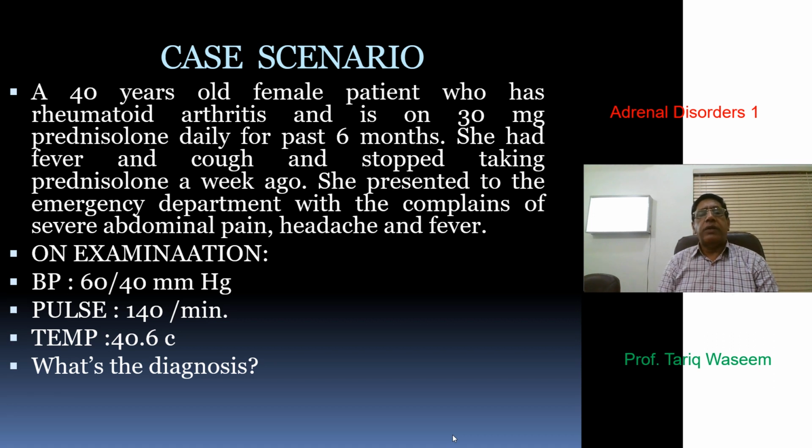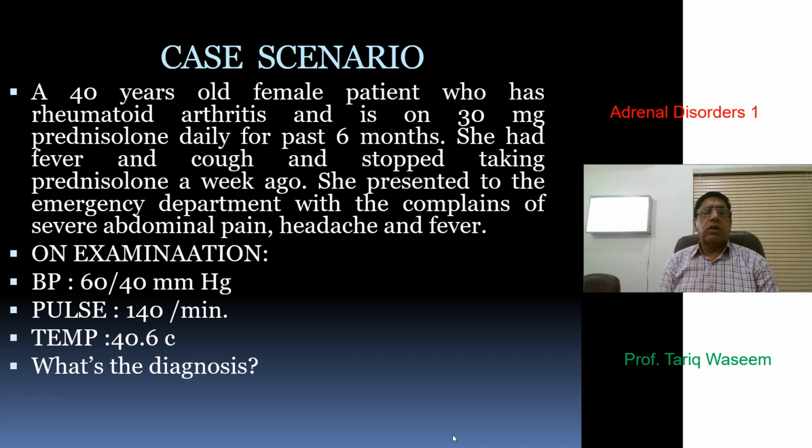We have a lady who has been on steroids for her rheumatoid arthritis for 6 months, and then she suddenly stopped it. Exogenous prednisolone has led to suppression of the pituitary's production of ACTH. Now, if you abruptly stop the exogenous steroids, there would be no ACTH in the circulation to stimulate the adrenal gland to produce endogenous cortisol.